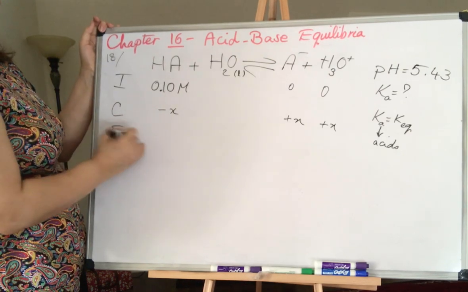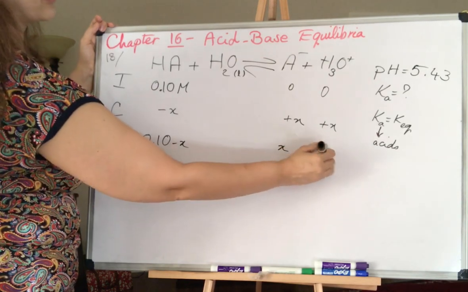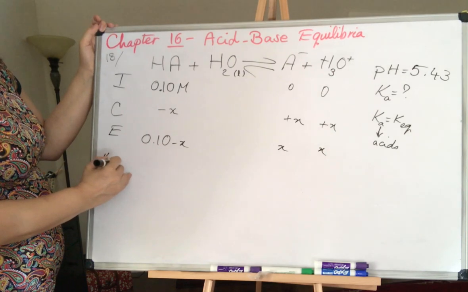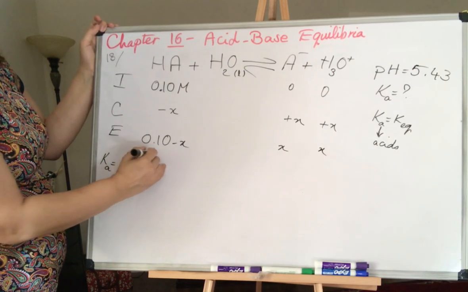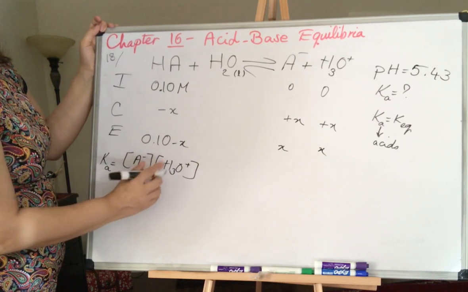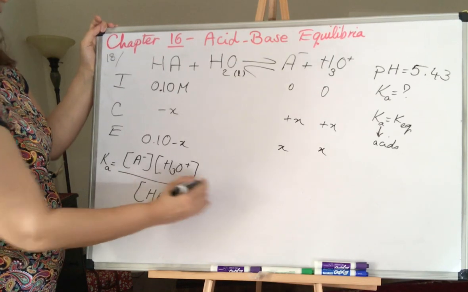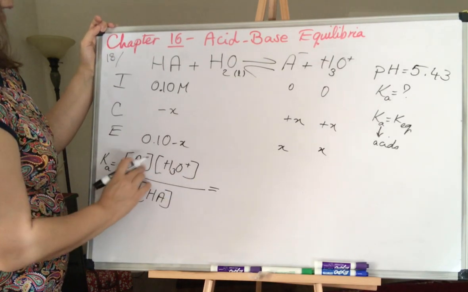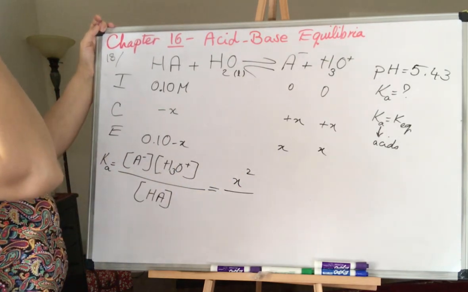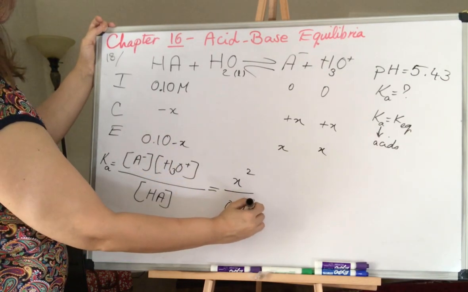And then at equilibrium, we will have 0.10 minus X, X, and X. So we are going to find Ka as the concentration of A times the concentration of hydronium ion divided by the concentration of HA, which is X times X, X squared, divided by HA, which is 0.10 minus X.